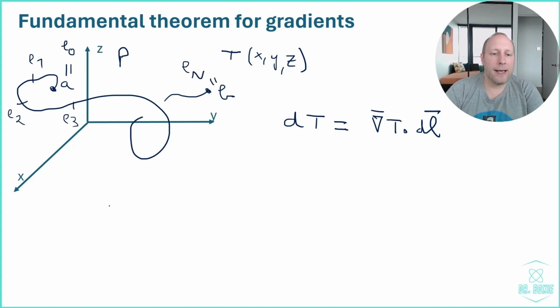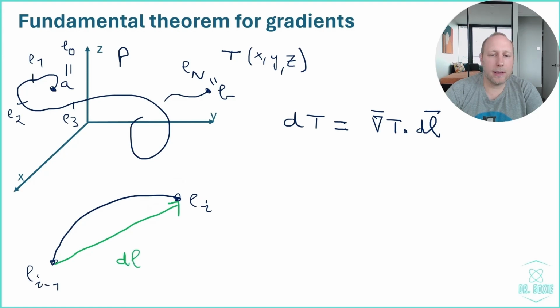And if we now look at the ith part of the trajectory, and this is L(i-1), and this here is Li, we define the vector going from L(i-1) to Li as dLi. So that's a tiny change in L, in the position along that line.